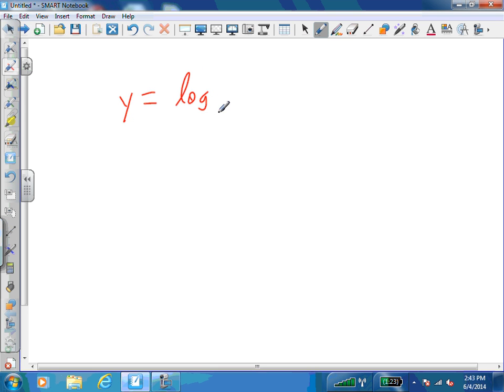We want to take the derivative of log base 9 of x squared plus 1.